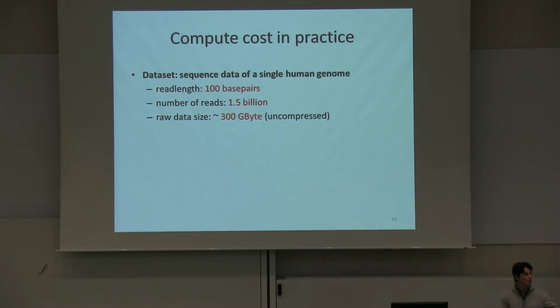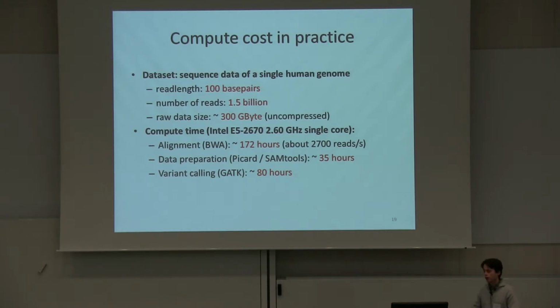It's exactly the same data set as Frank talked about, NA12878 from Illumina Platinum Genomes. What you get is 1.5 billion reads of length 100 nucleotides, so it's a 50-fold coverage of the human genome, and uncompressed, this is about 300 gigs of raw data.